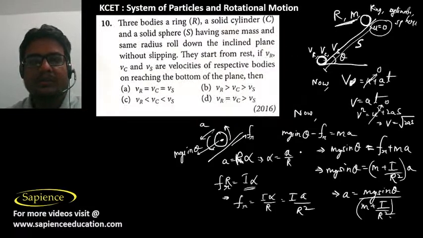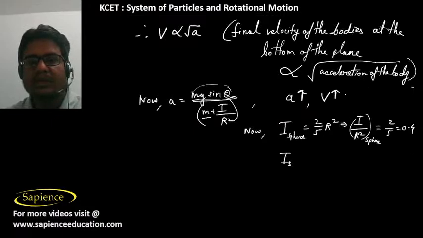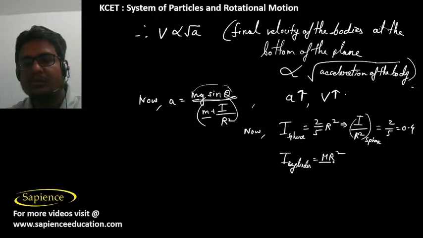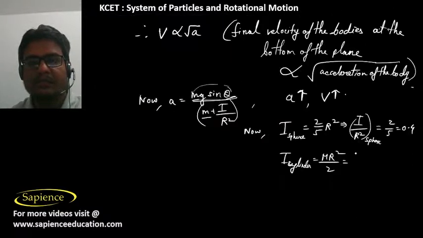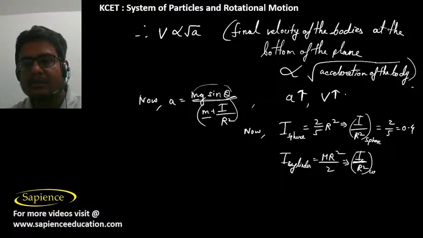And for the cylinder, the moment of inertia is given as mr square by 2 for a solid cylinder. So I by r square for the sphere is 2 by 5 into m, that is 0.4 m.